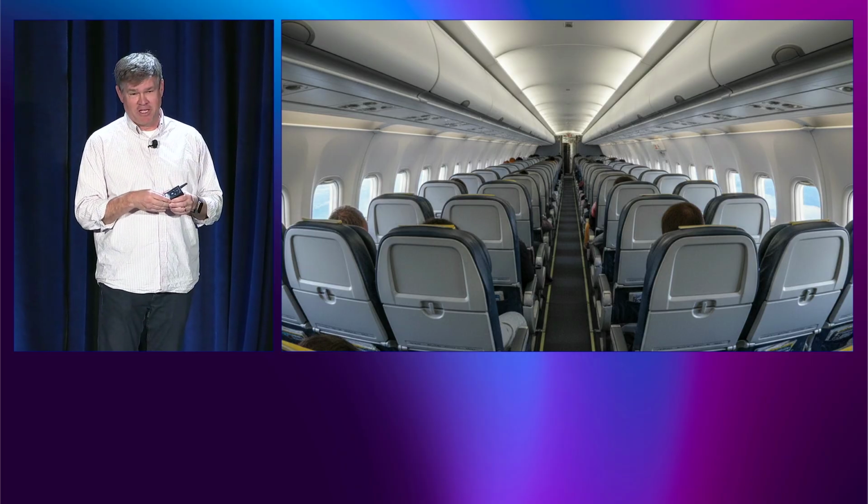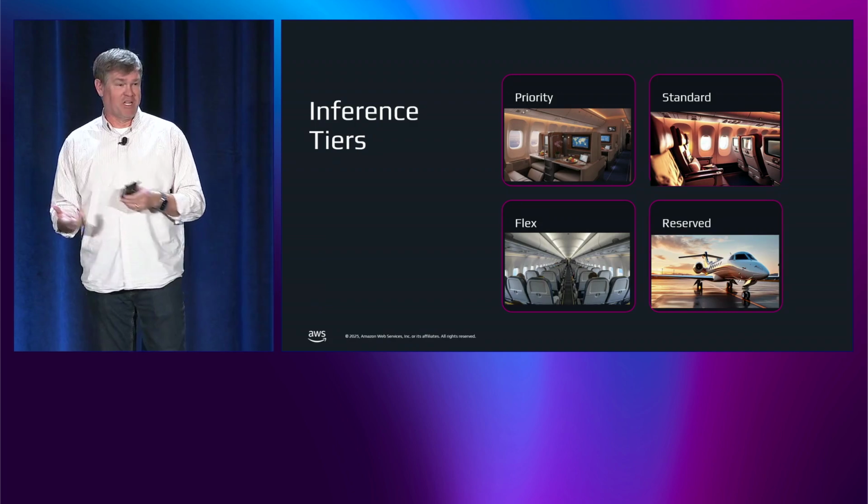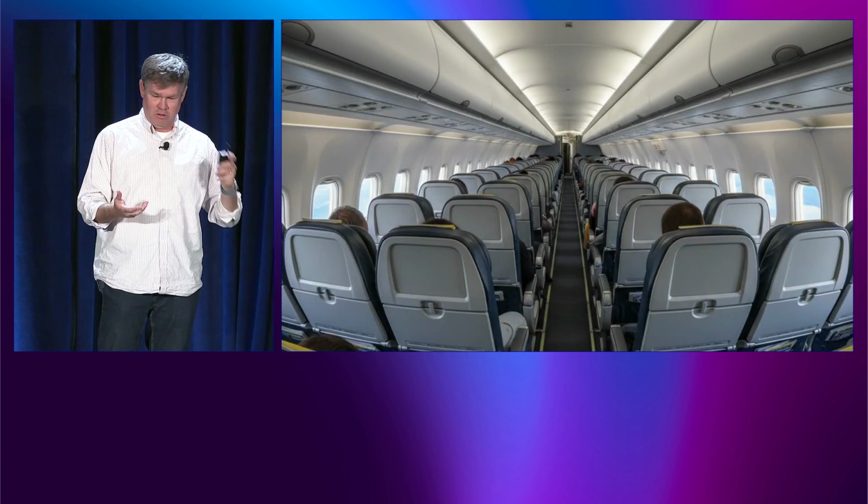It's the lowest price. You're the last to board. You might have to get your bag checked at the end, and you might not have overhead space for it, but you get on the plane and you're able to get to your destination, and it's the most economical way to get through. So those are the four ways of air travel, and I assume all of you arrived in Las Vegas via one of those methods.